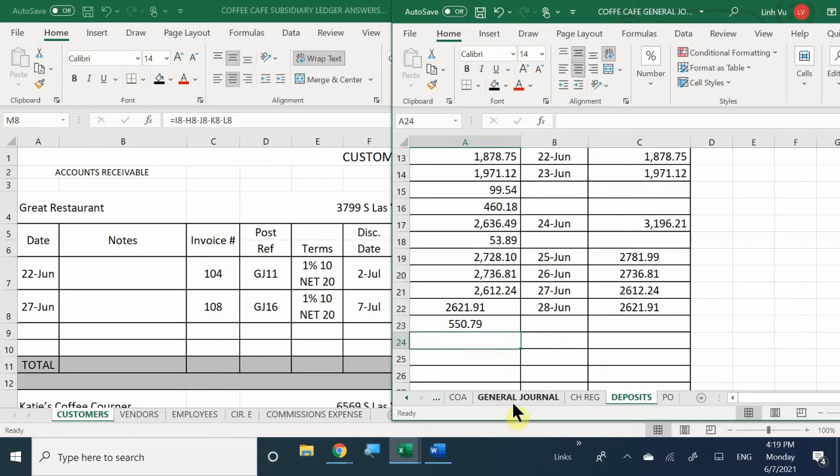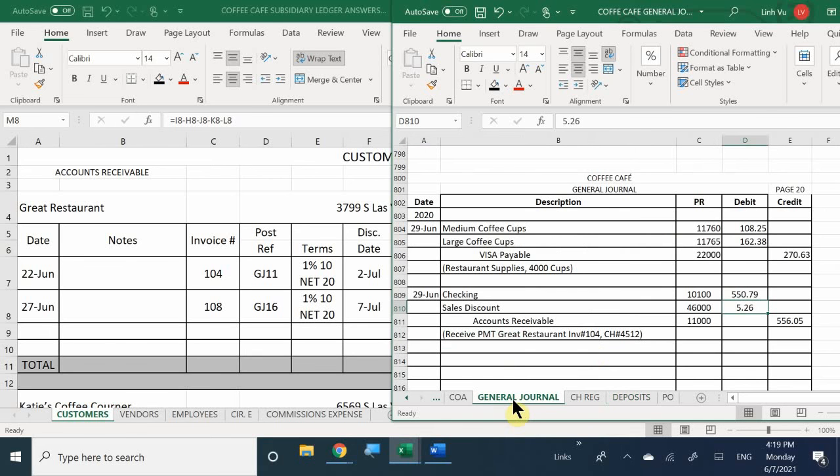Yes. Can we go back to our subsidiary ledger? Subsidiary ledger, not the journal? Oh yeah, just to make sure. It's Great Cafe. All right, 55605 is what they owe me, right?